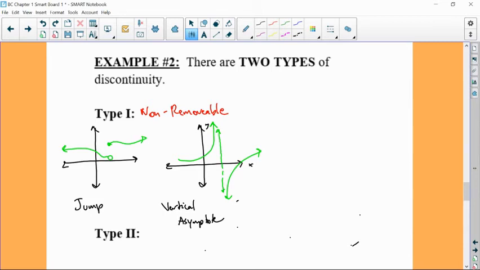Okay, now the third type is kind of a weird thing. It's an oscillation. Sometimes I joke, I call this death by oscillation, because here's what happens. As an example, if you think about the function sine of 1 over x.